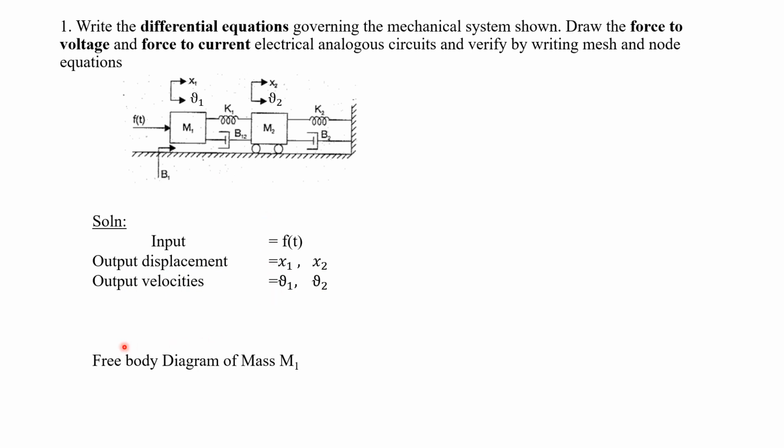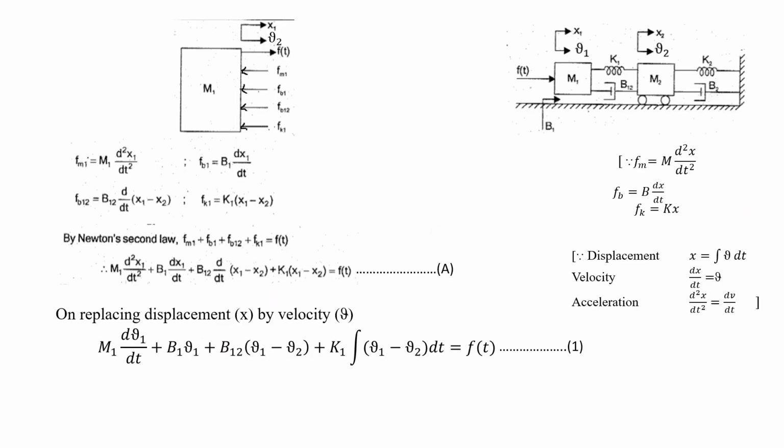For that we have to draw the free body diagram for mass m1. This we studied already, and we all know how to draw the free body diagram. Here on the right side I have given the problem, so no need to draw this problem again and again. All these are formulas used.